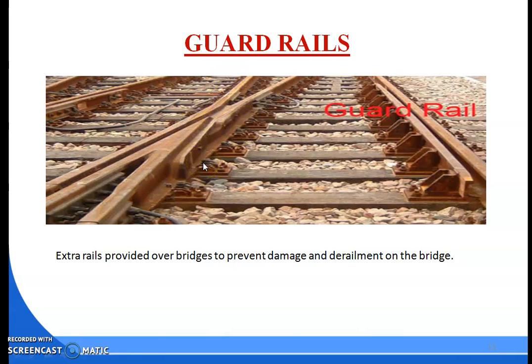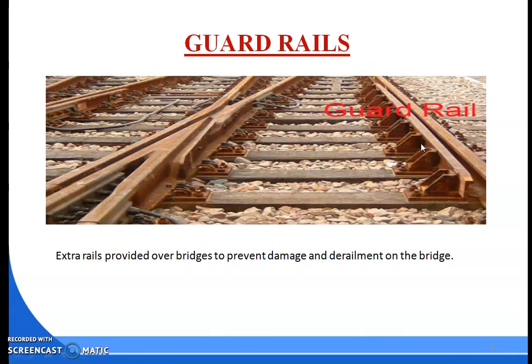Okay, so guard rails or check rails are a short piece of rail. Here short pieces of rails are provided. This is placed along the side of the main rail, opposite, meaning whenever your main rails are provided in the inner portion, the check rails are provided over short distances.